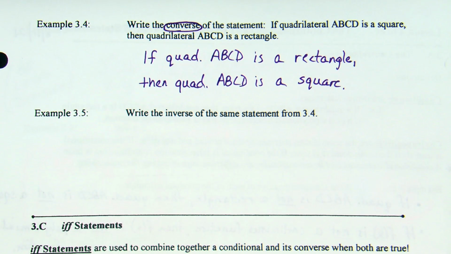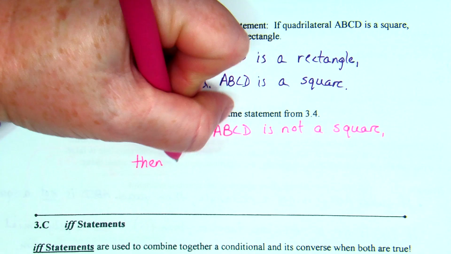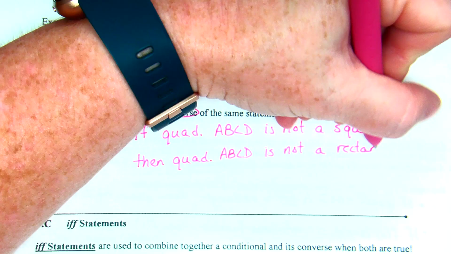Quadrilateral ABCD is not a square, then quadrilateral ABCD is not a rectangle.